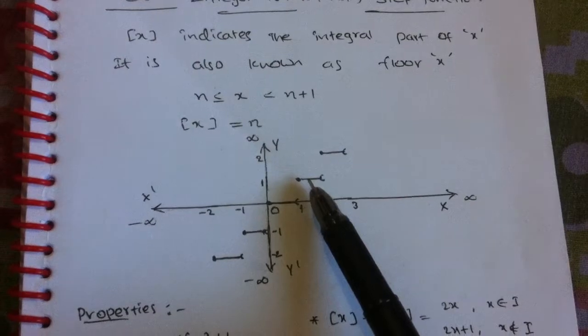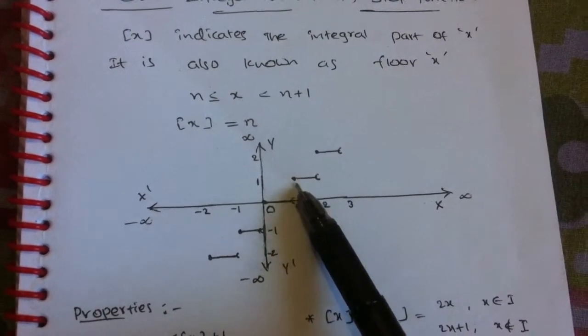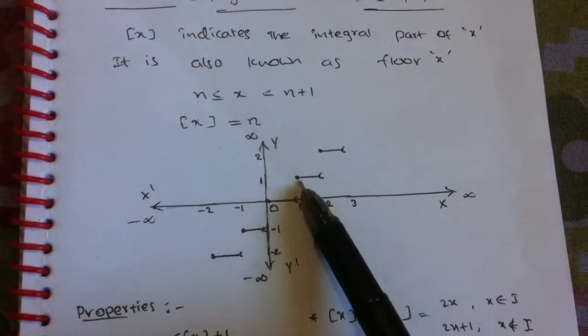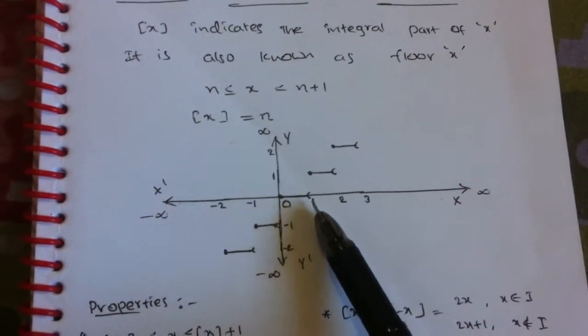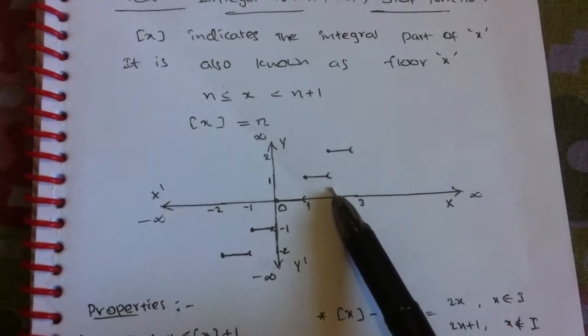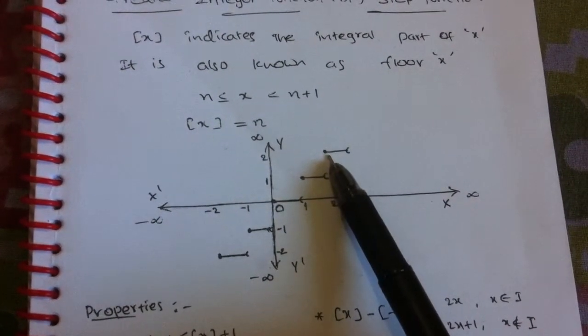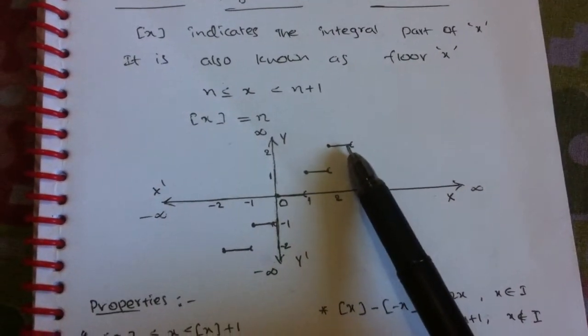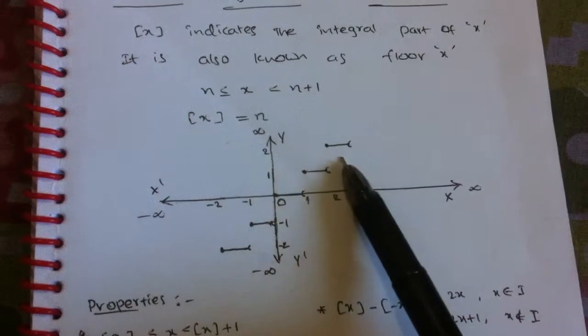Similarly, step 1.5 is also 1. Step 1.999 is also 1. And next, step 2 is 2. Step 2.1 is 2. Step 2.99 is also 2, and so on.